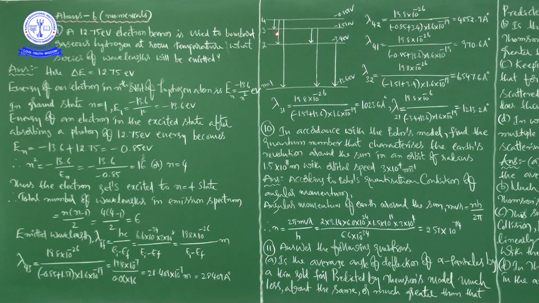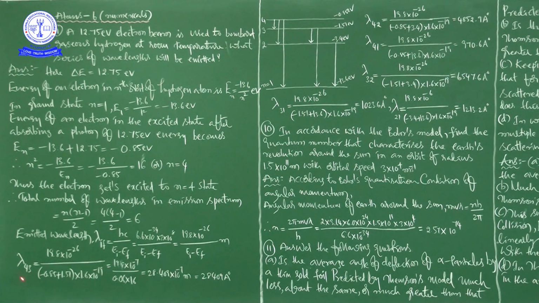There are 6 lines: 1, 2, 3, 4, 5, 6. So I will repeat once again, 1, 2, 3, 4, 5, 6, right? So 6 different wavelengths we can calculate. Okay, right. See, one by one I will tell you.